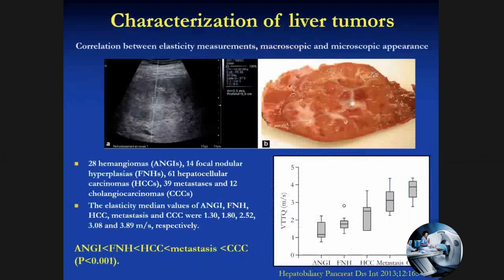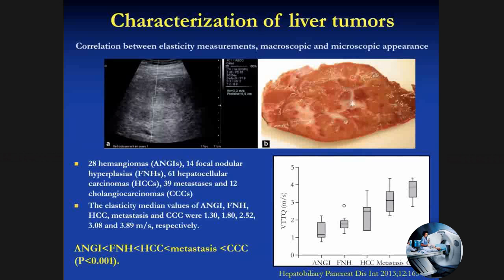When we can detect the elasticity of the ROI, we can detect the stiffness of the liver tumor, and it will become a useful tool to evaluate the potential pathological diagnosis of a tumor.